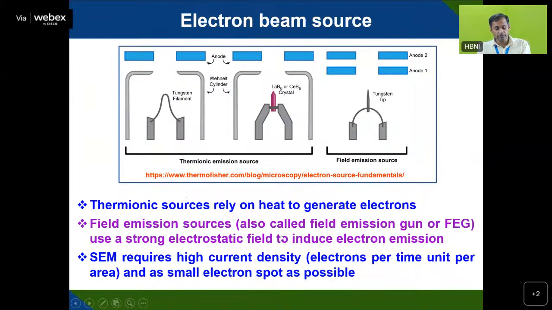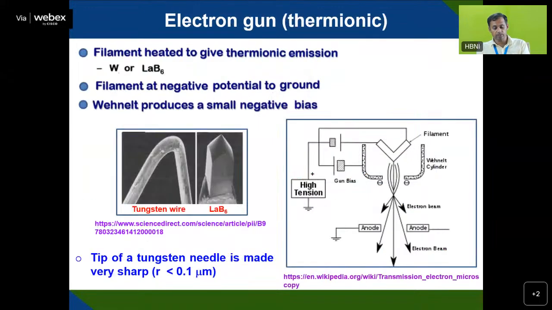So the SEM requires high current density as well as as small an electron spot as possible to get better images. For thermionic emission, you can also use the electron gun, where the filament heated to give thermionic emission is mostly tungsten.